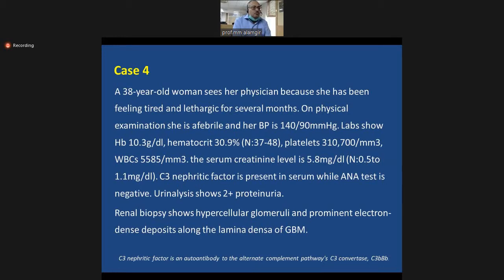Labs show hemoglobin 10.3 grams per deciliter, hematocrit 30.9, platelets 310,700 per cubic millimeter, WBC 5,585. The serum creatinine level is 5.8. Normally it is 1.1. It's quite raised. C3 nephritic factor is present in serum while ANA test is negative. Urine analysis shows 2 plus proteinuria.